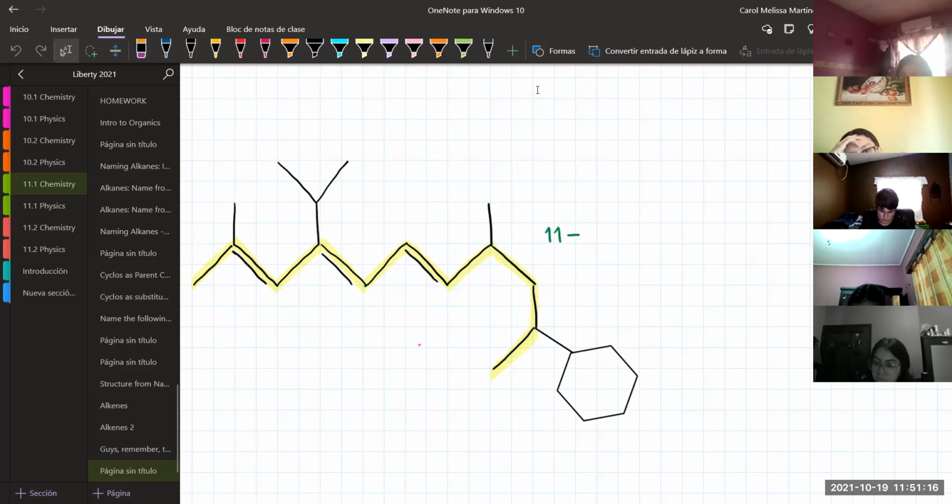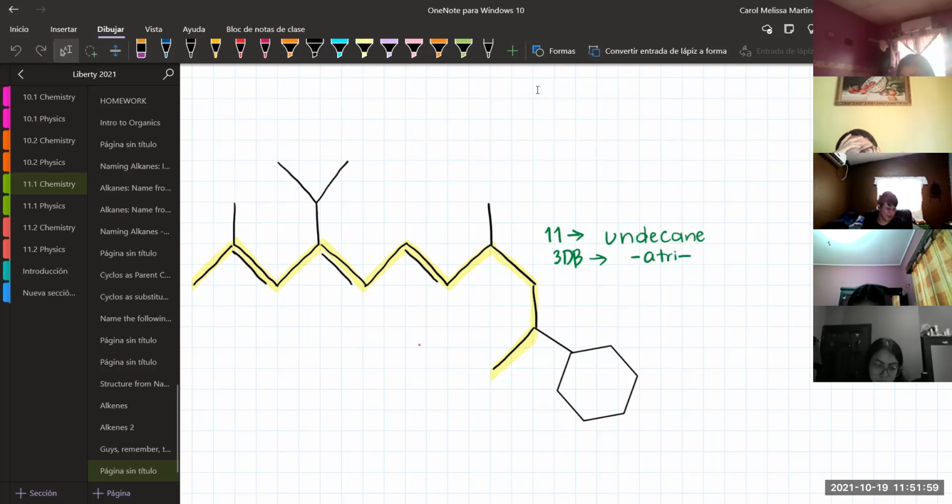So for 11 carbons, we're going to say undec, in the case of alkane, and in this case, I have 3 double bonds. So this is the adjustment that you have to add: tri.